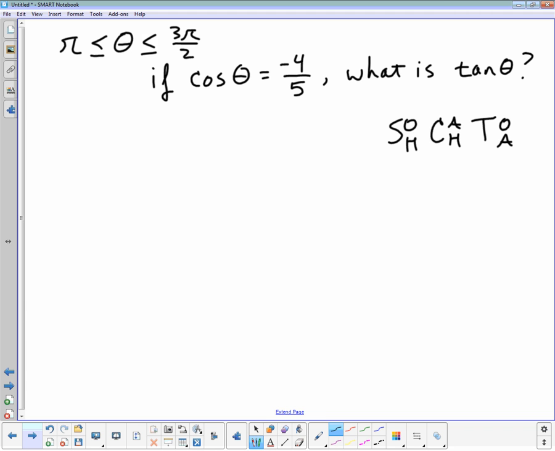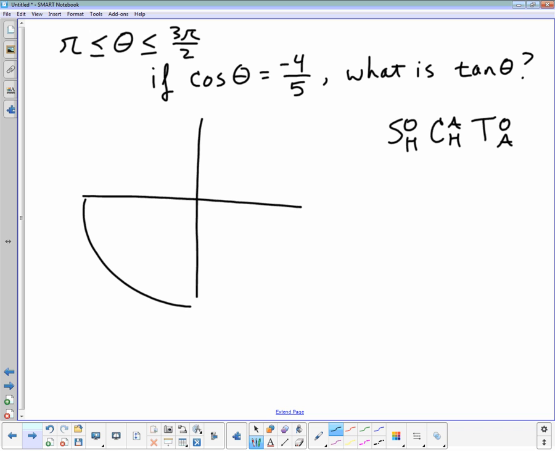So first of all, we know that we're living in the third quadrant. It told us that theta lived in the third quadrant. Theta is in between pi and 3 pi over 2. That's where theta lives. Well, the adjacent over the hypotenuse.